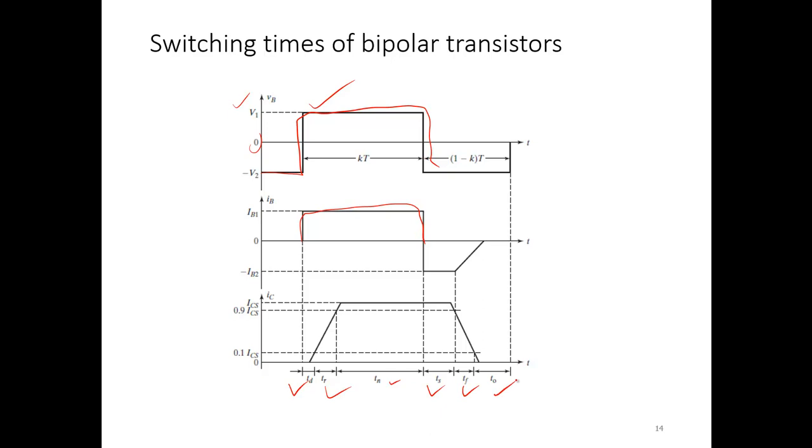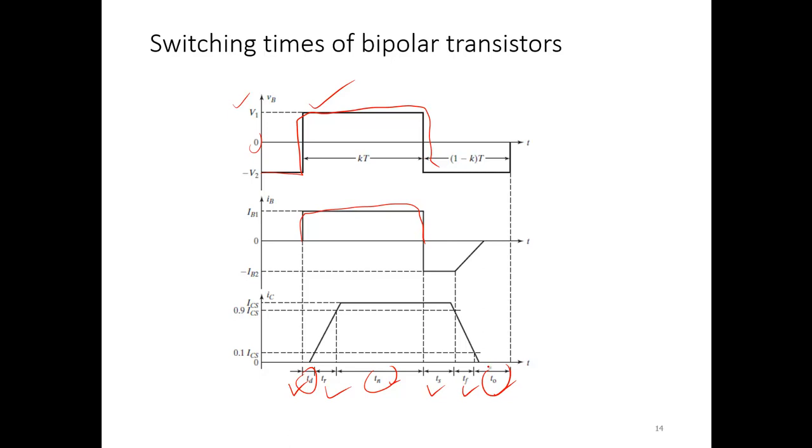That is the typical characteristic of all these devices: the delay time, rise time, on time, storage time, and fall time. By the way, the delay time, rise time, storage time and fall time are defined by the manufacturer, but the on and off times depend on the user, on what frequency you are operating at.